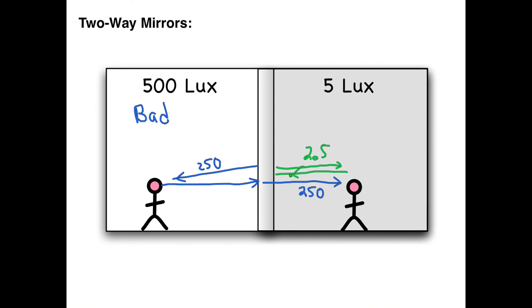This green line represents again the light coming off of the person in the dark room. Half of it bounced back, half of it travels through, so only 2.5 actually makes it into the other room. That is so small compared to this reflected beam that the person in the light room is going to see the reflection. That means that they are seeing the separator as a mirror.